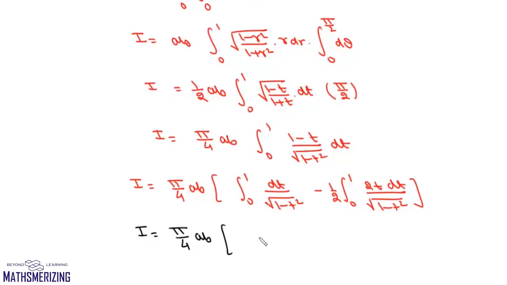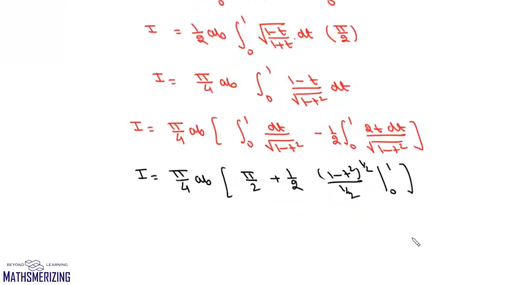Now this is pi by 4 ab, and this is sine inverse t. Sine inverse 1 is pi by 2 and sine inverse 0 is 0. So here we'll get this value as pi by 2, and for the second part we'll get 1 by 2 into 1 minus t square to the power 1 by 2 upon 1 by 2 from 0 to 1. Now this 1 by 2 and 1 by 2 will cancel.